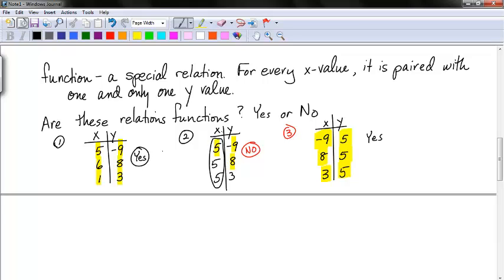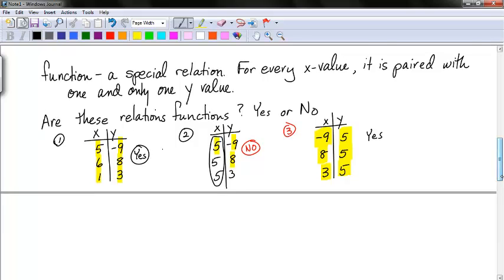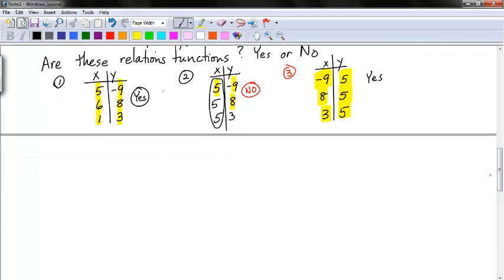What's the test on graphing for whether or not it's a function? The vertical line test. Yep.